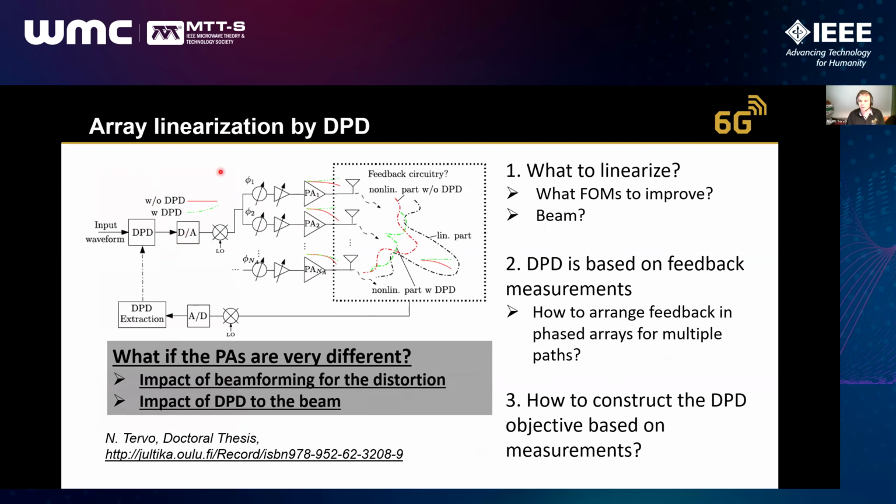In these cases, you have to think about the DPD concept again, about what you actually linearize. Shall I linearize one amplifier, or maybe the worst amplifier, or make some sort of average? Sometimes things like this are done. But you can also do something else. You can linearize the sum of the amplifiers, so you linearize the system at beam level. It's also called beam-oriented DPD or array DPD.